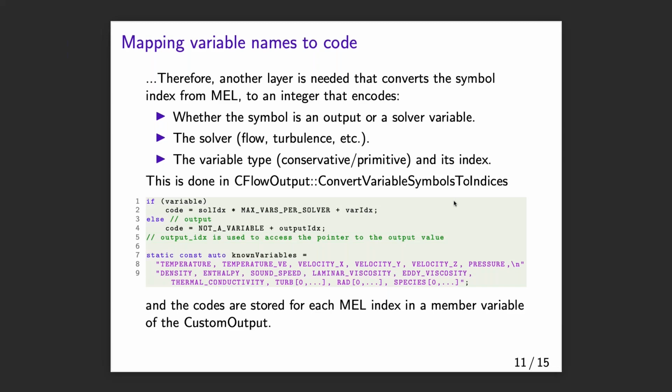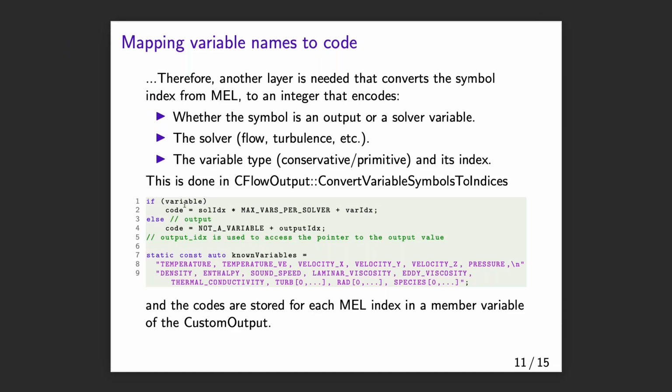So is it from the flow solver? Is it from the turbulence and so on? And also possibly the variable type, because each solver can have different quantities, as you know, conservative, primitive, and so on. And so we need to know where we want to read it and also some index. And this is done in this cflow output, convert variable symbols to indices.